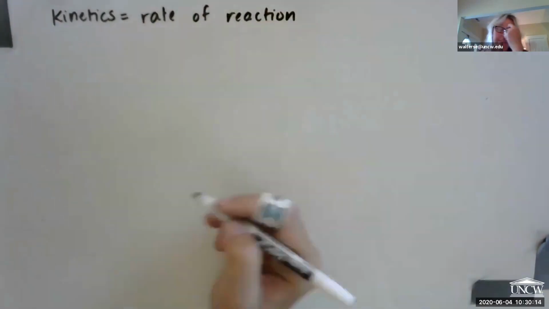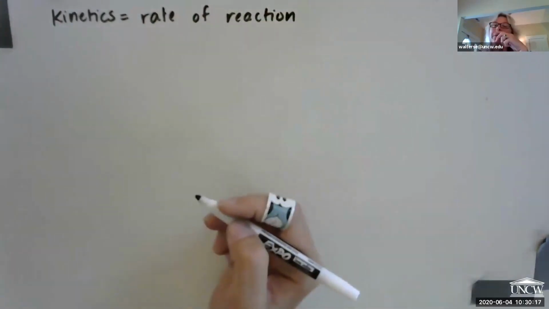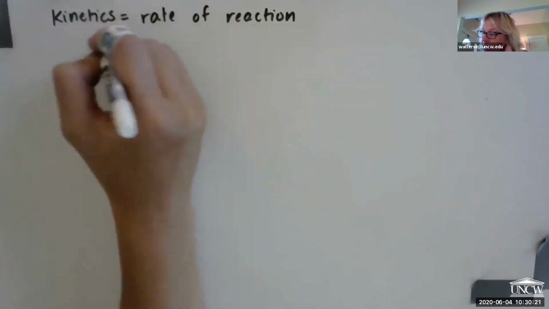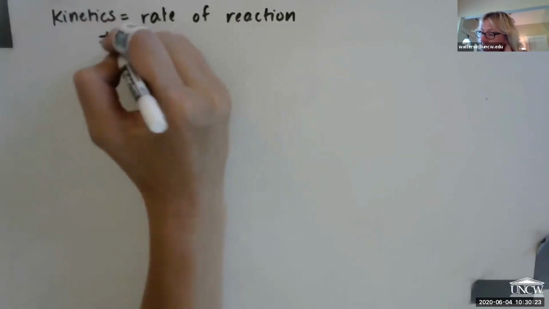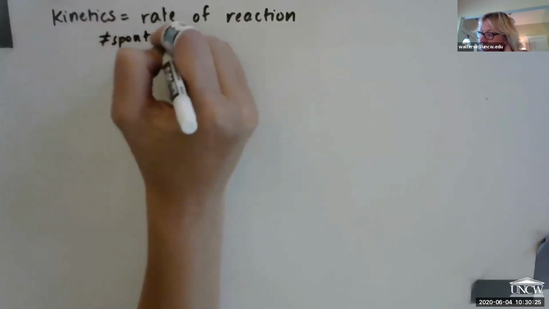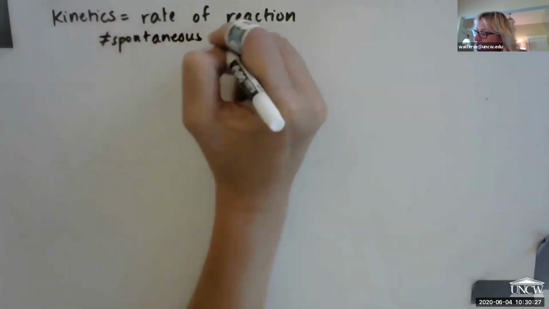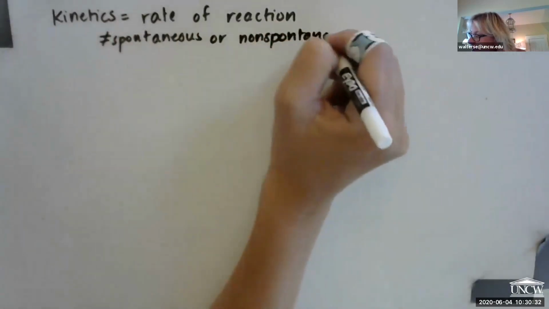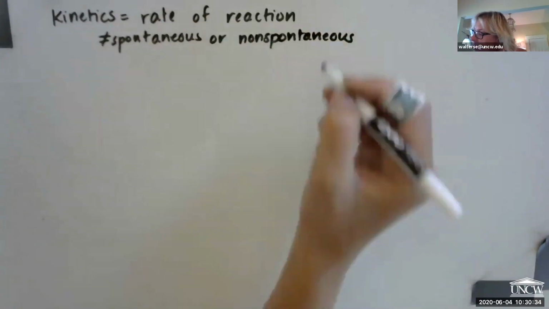It tells you how fast a reaction is or how slow a reaction is, but it doesn't tell you anything about spontaneity. So you get no information on spontaneous or non-spontaneous, all you get is speed.